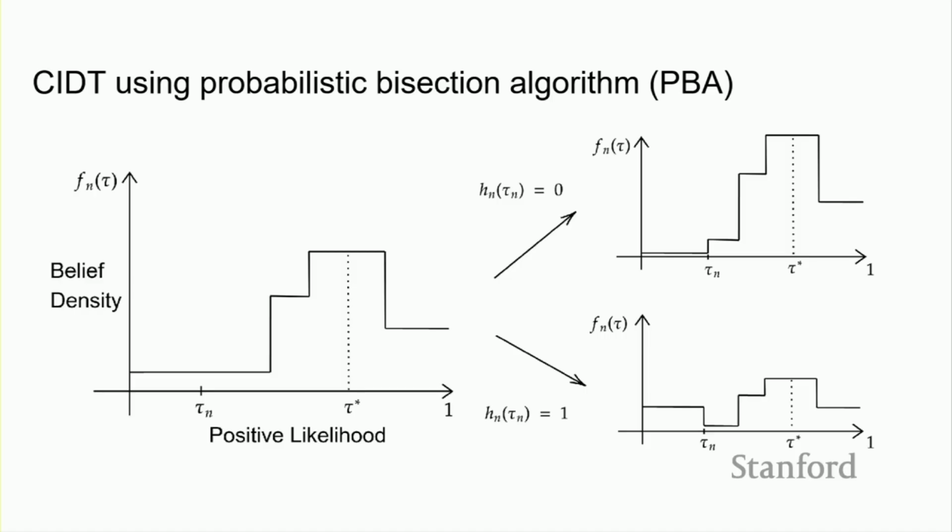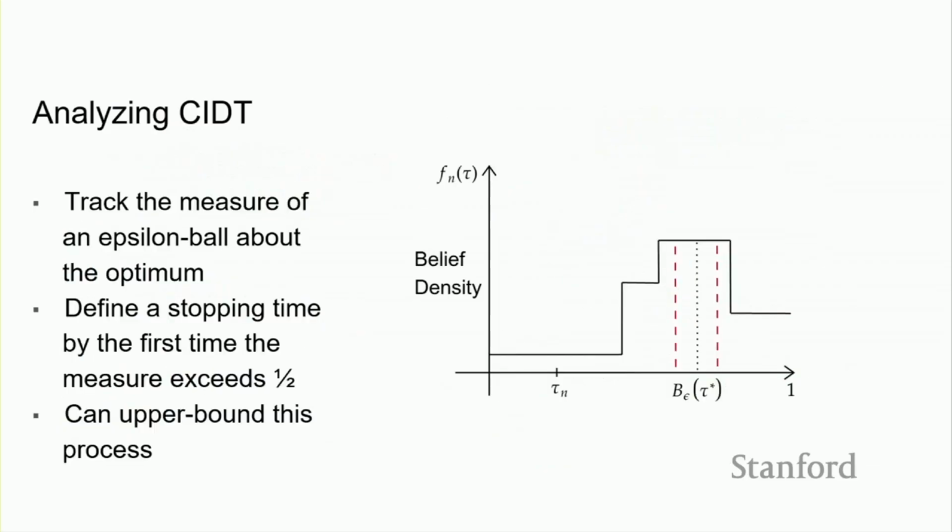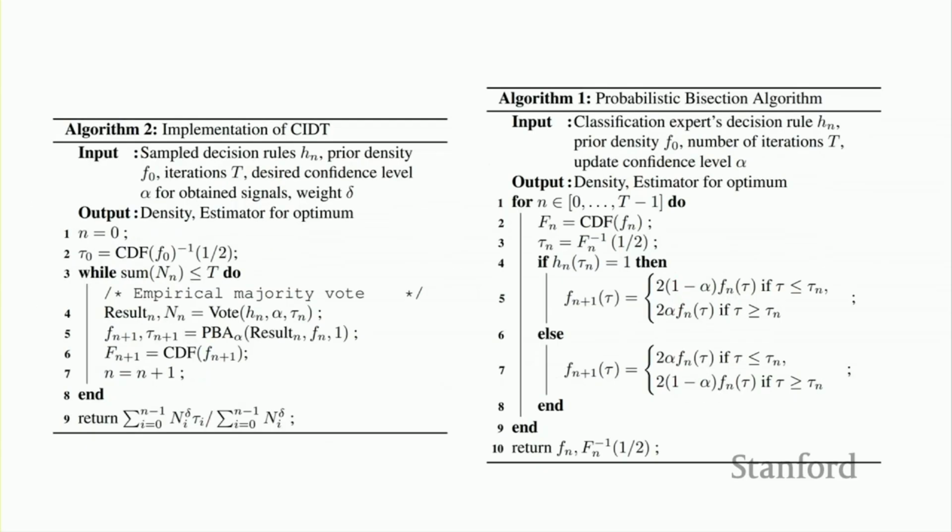And the main algorithmic change here is using a probabilistic version of a search algorithm instead of the deterministic one. So you can use a probabilistic bisection algorithm, details in the slides and also in the paper. It works very similarly to what we just talked about. The main difference is, again, it allows for some uncertainty.